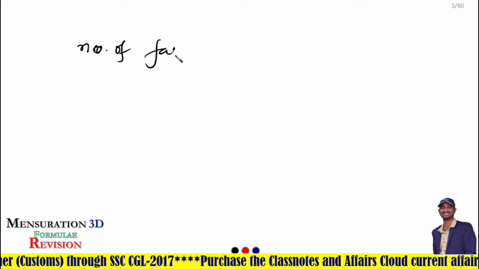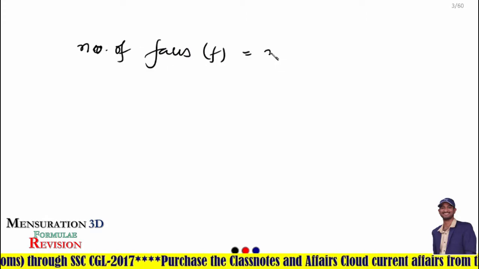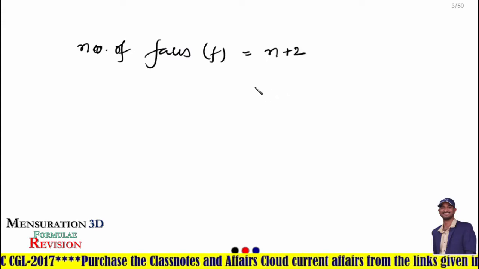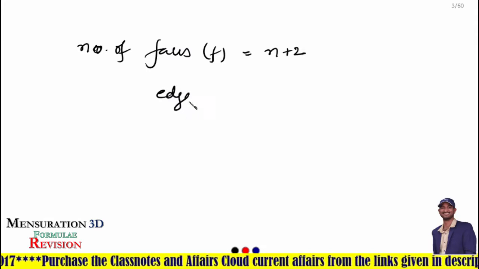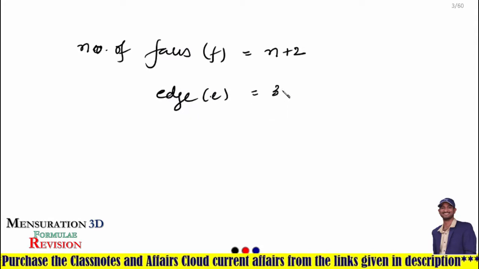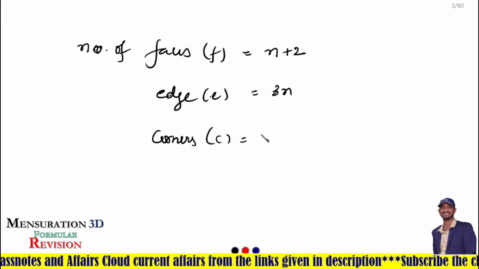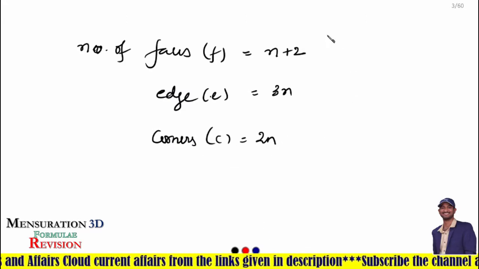In any prism, the number of faces is always equal to n plus 2, where n is the number of sides of the base polygon, the number of edges is 3n, and the number of corners is 2n. So these three are important.